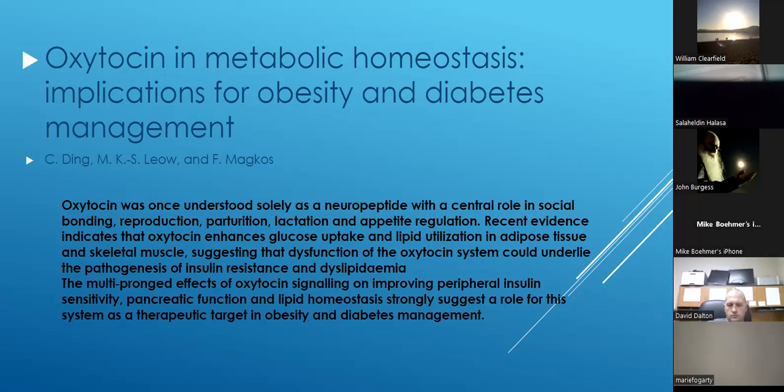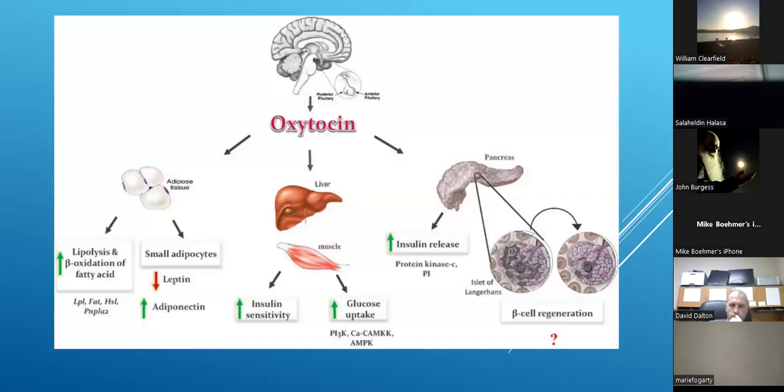And it also does help to increase the secretion of insulin. It helps increase the insulin sensitivity and the glucose uptake. So all these functions will definitely help in managing obesity and in managing diabetes because of all these mechanisms. So if you see here, oxytocin does help in glucose uptake. That's a good thing for diabetes and also for weight loss. It increases insulin sensitivity and insulin secretion or release. It helps to stimulate lipolysis, which means that it helps to shrink those fat cells.